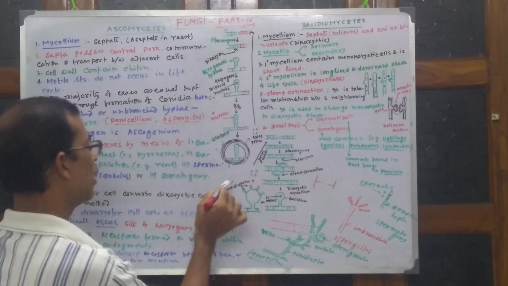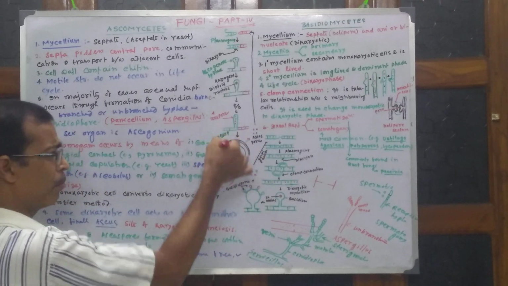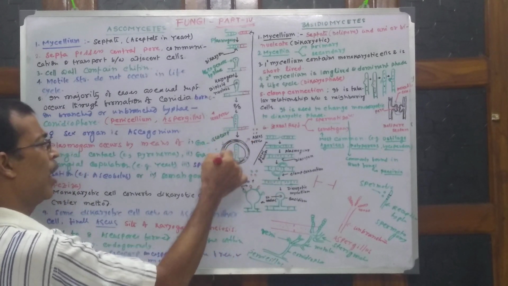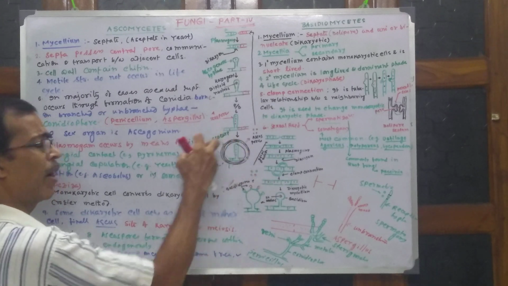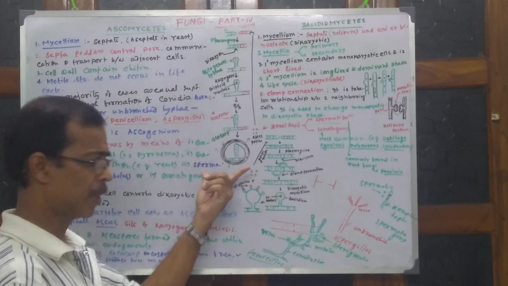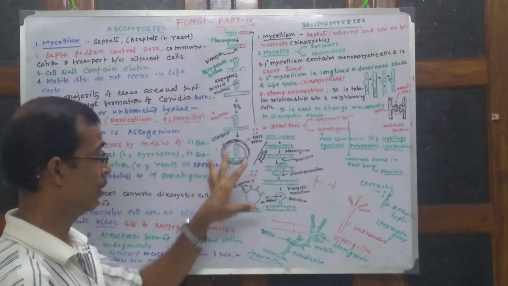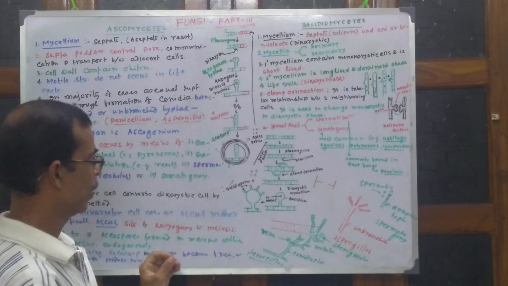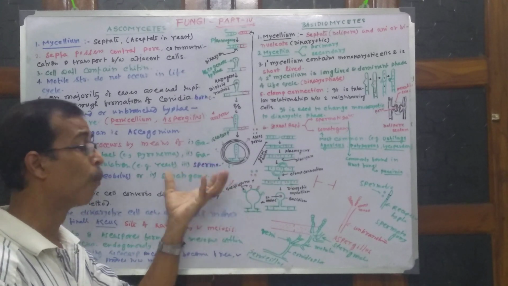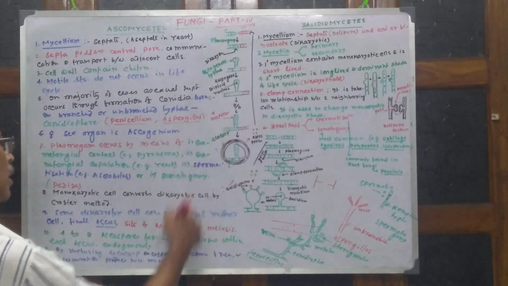When the ascus is formed, the adjoining hyphae from the surrounding mycelium wrap it profusely and ultimately form a structure known as the ascocarp. It may be cup-shaped, that is apothecium. It may be flask-shaped, that is perithecium, etc. It may be completely closed, that is called cleistothecium. Different types of ascocarp are formed finally.